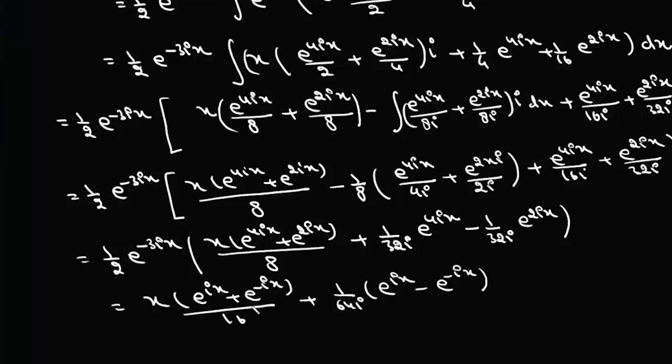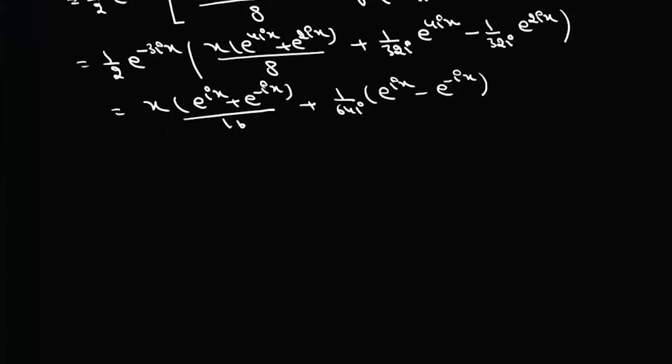Now this is 2 cos x, so it will be this x cos x by 8, and plus this is 2 iota sin x, so there will be 1 by 32 sin x. So this yp is x cos x by 8 plus 1 by 32 sin x.